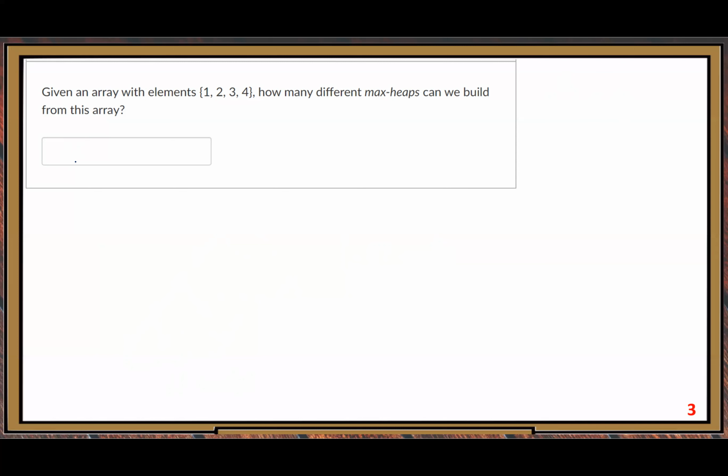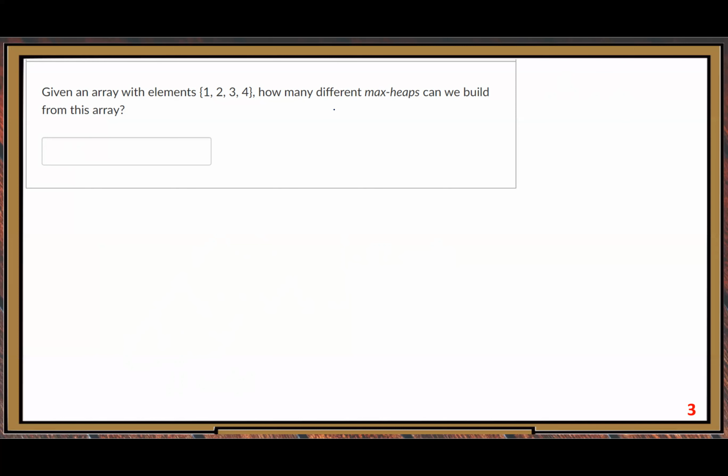We use the max heap because the parent value should be greater than or equal to any of the child values, right? The parent value must be greater than or equal.